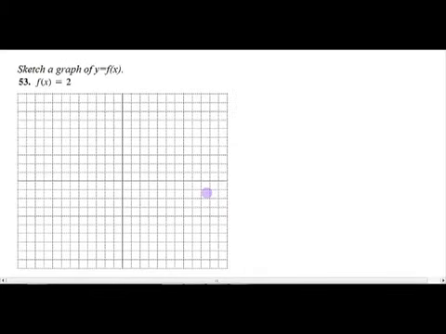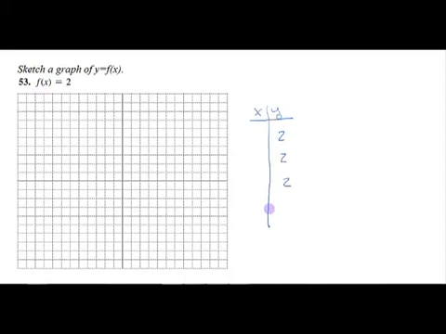Let's sketch a graph of y equals f of x. Here f of x equals 2. If you'd like, we can do a t-table. On the t-table, we know that y always equals 2. X can be what it wants. We could let it be -1. We could let it be 5. We could let it be -3.